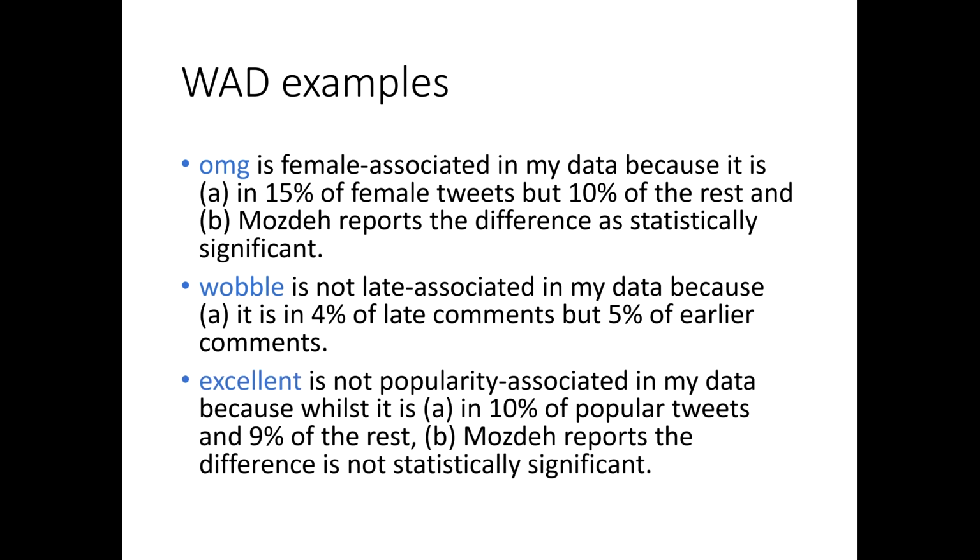And finally, excellent is not popularity associated in my data because whilst it's in 10% of popular tweets and 9% of the rest, so it's more common in popular tweets, Mojday reports that the difference is not statistically significant. So we need a term to be higher in the set of tweets we're looking at, and we need the difference to be statistically significant. I'll mention a little bit about the statistical significance tests in a bit.